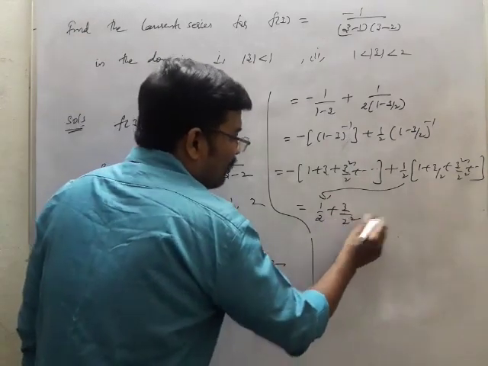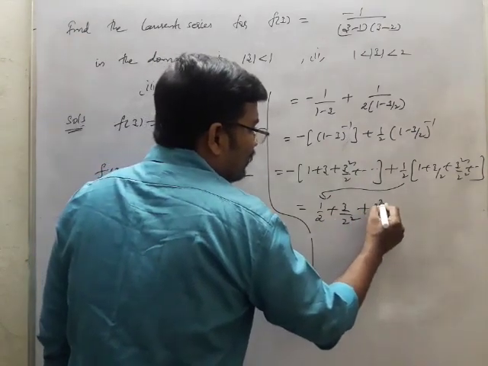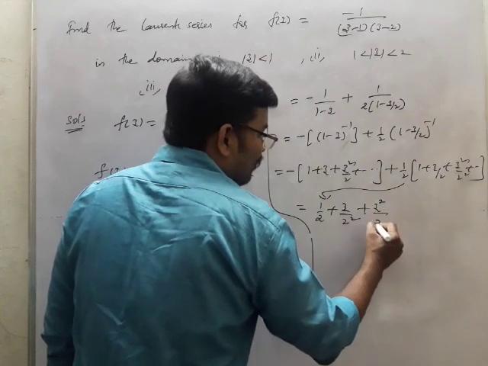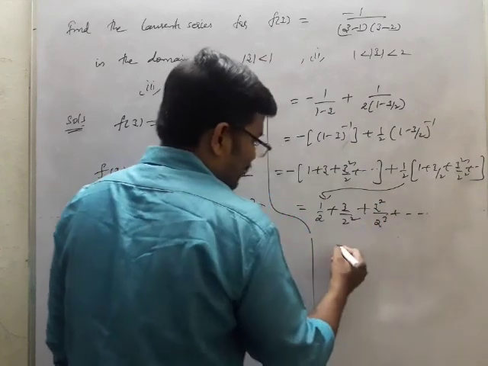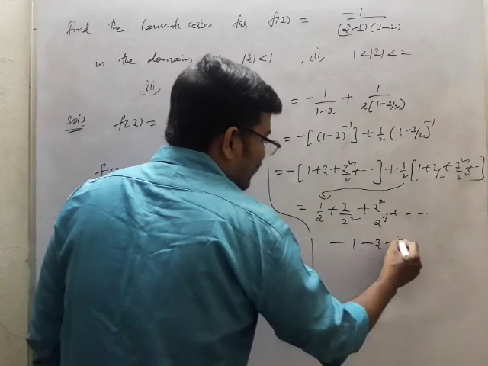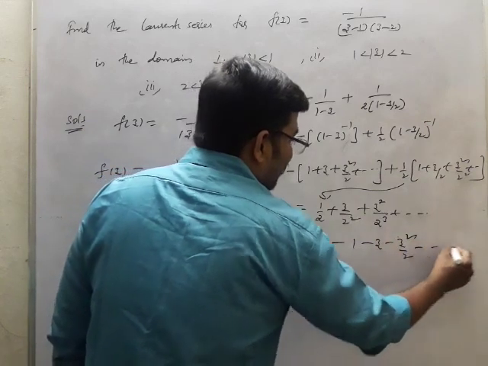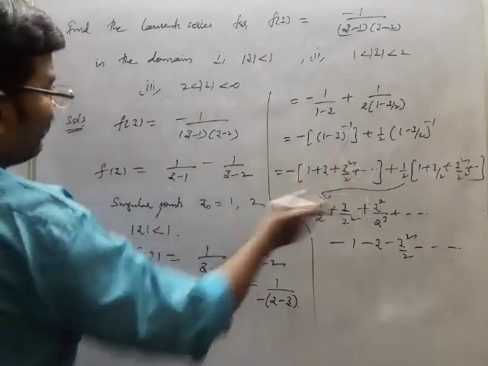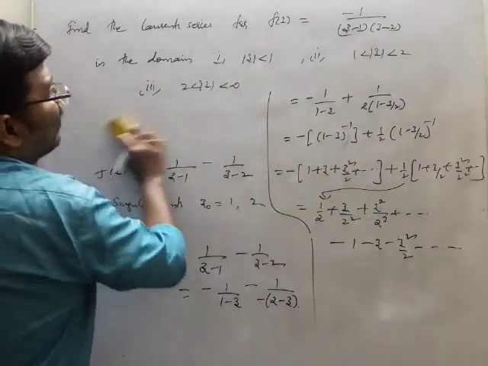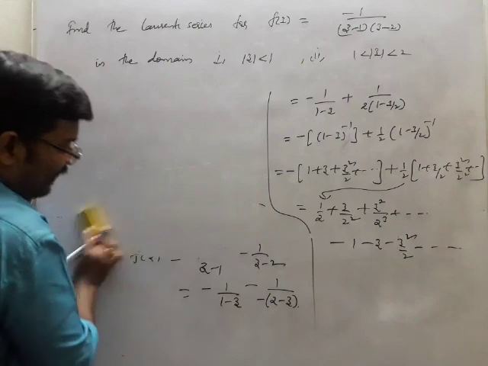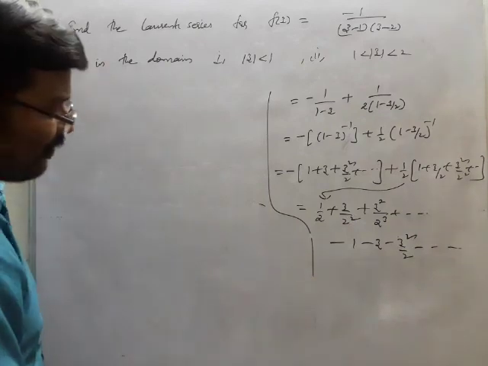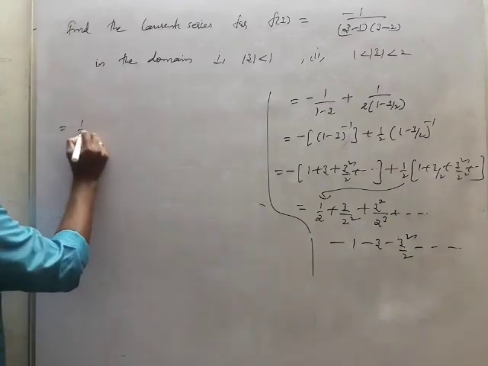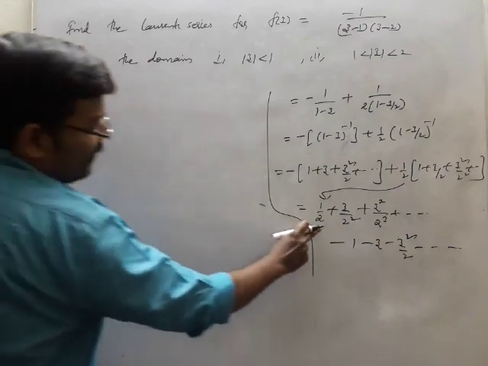1 by 2, z by 2 square, z square by 2 cube plus and so on, minus 1 minus z minus z square and so on. So I have taken the minus term this side and the plus term this side, left side. Okay, so what is the conclusion now? 1 by 2 minus 1, this is the first one.